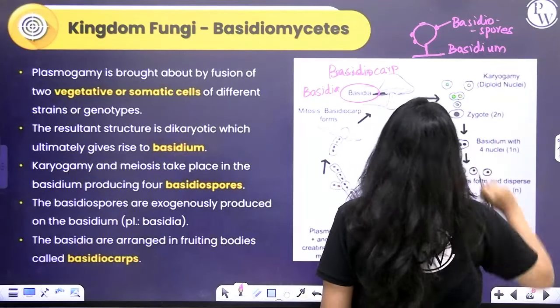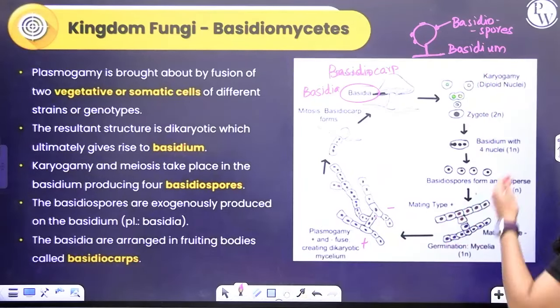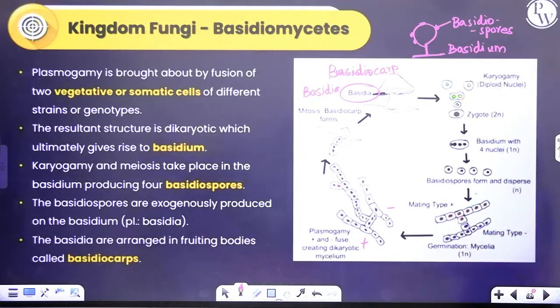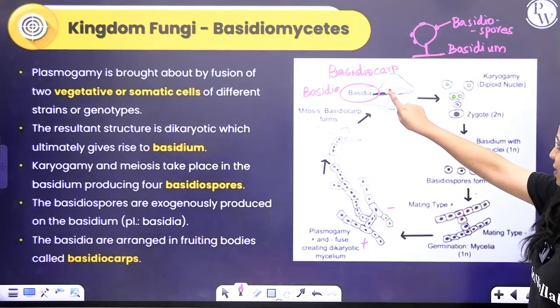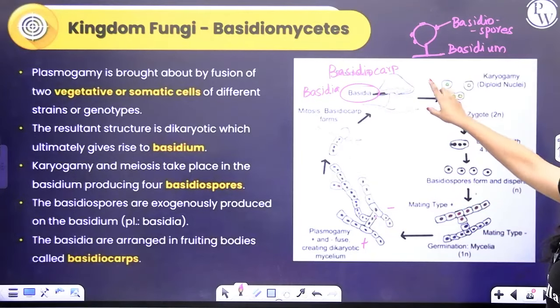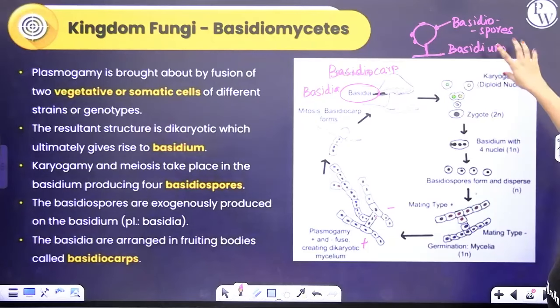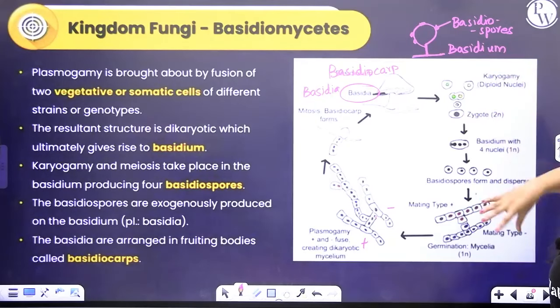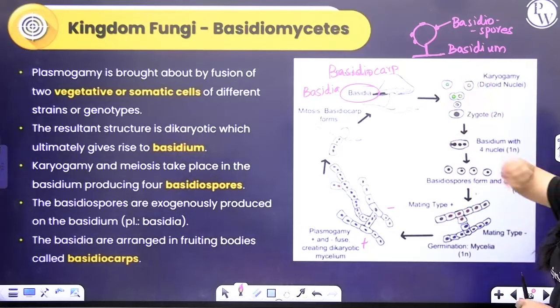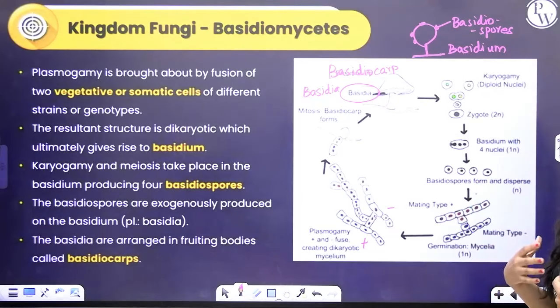Once these basidiospores are released, they will germinate and give rise to hyphae again. So in the dikaryon phase itself, basidia will form, and within the basidiocarp, karyogamy will happen and the basidium will form. On the surface of the basidium, you can find 4 haploid basidiospores formed. Once they are released and they germinate, hyphae or new mycelium will form.